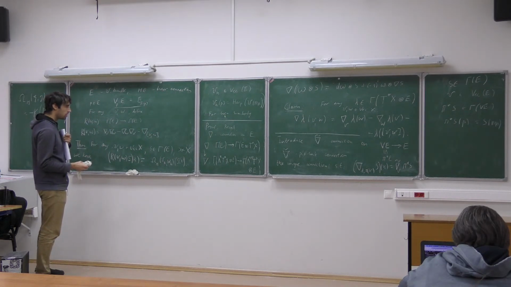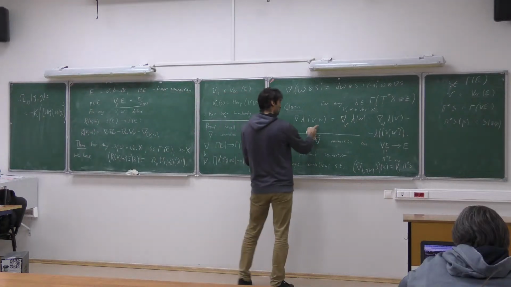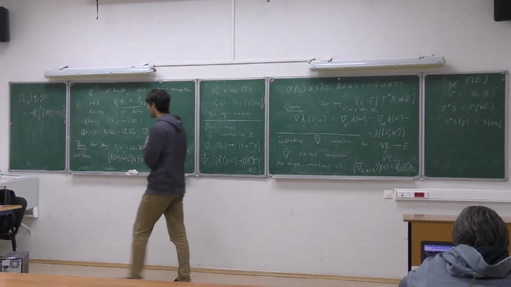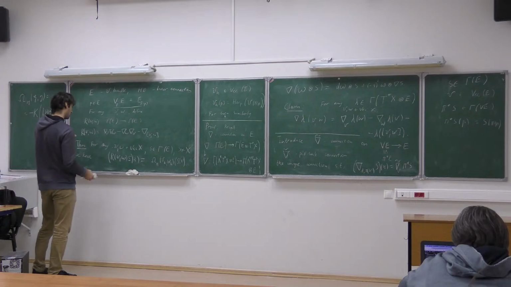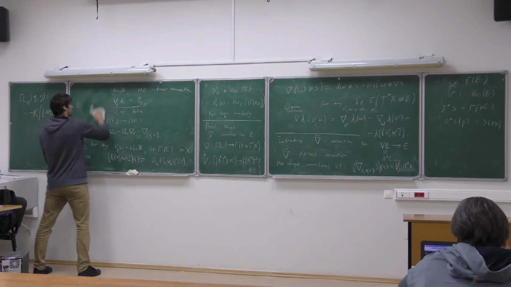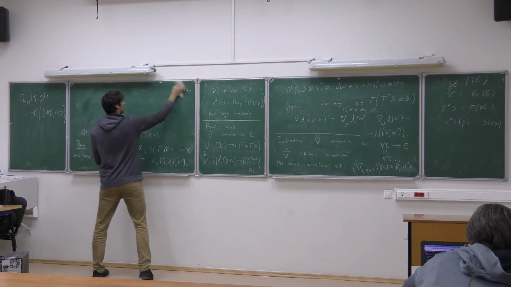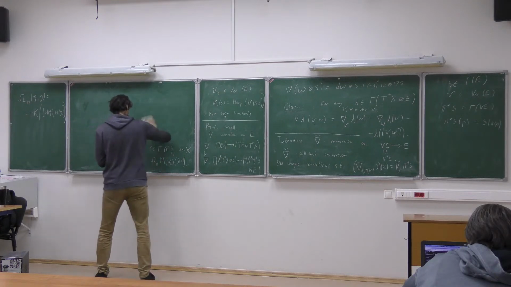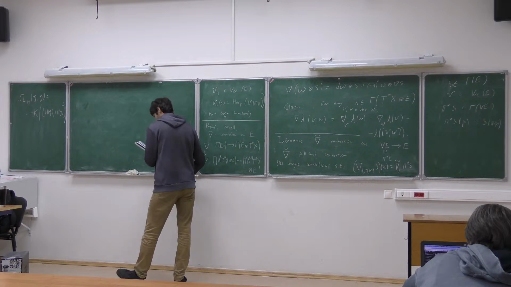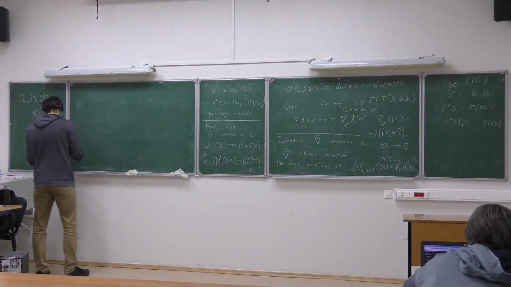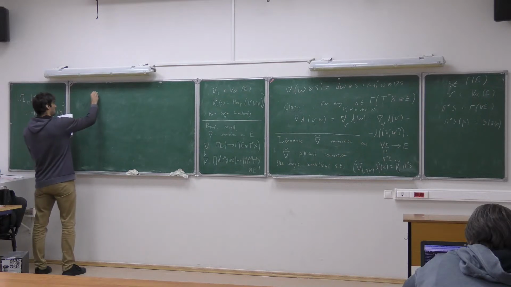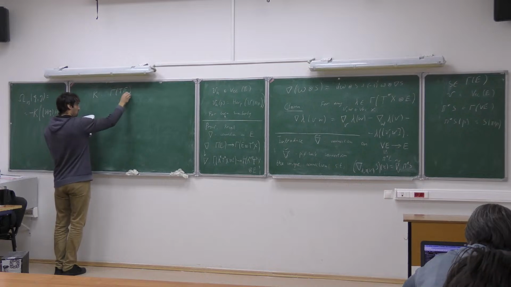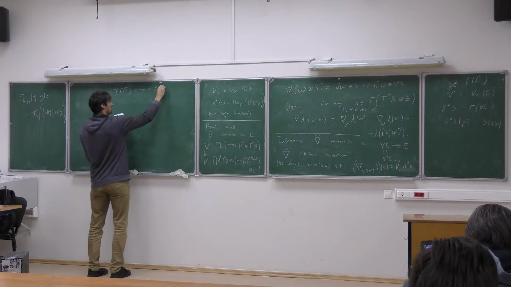Okay, and finally, I have this nabla, which I'm going to apply. And what is this one form? This one form will be exactly this k. My k is a map from sections of TE to sections of VE, right?